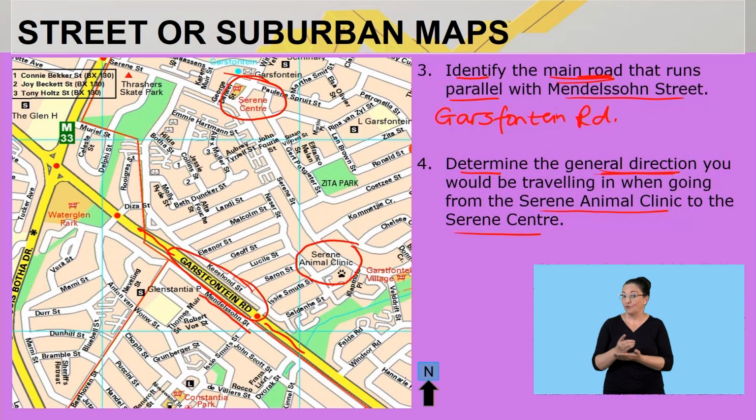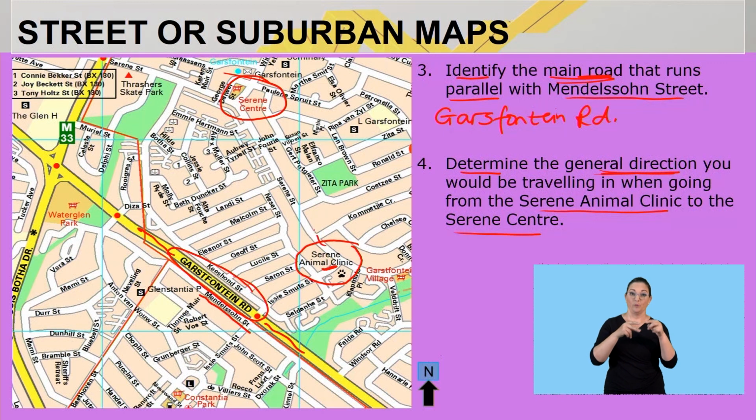You can see true north is showing upwards, so it's like we normally see it. It says, when going from the Serene Animal Clinic, so this is your starting point, to the Serene Center.